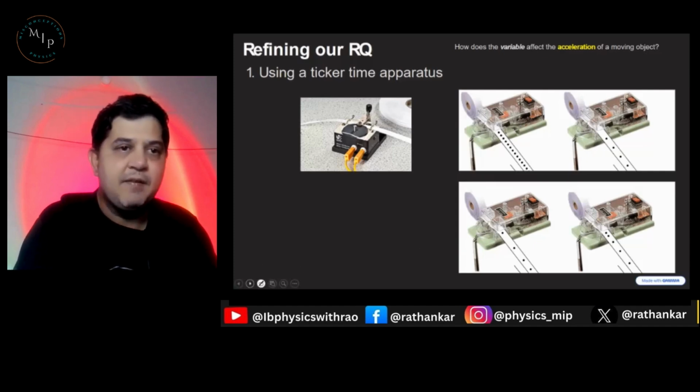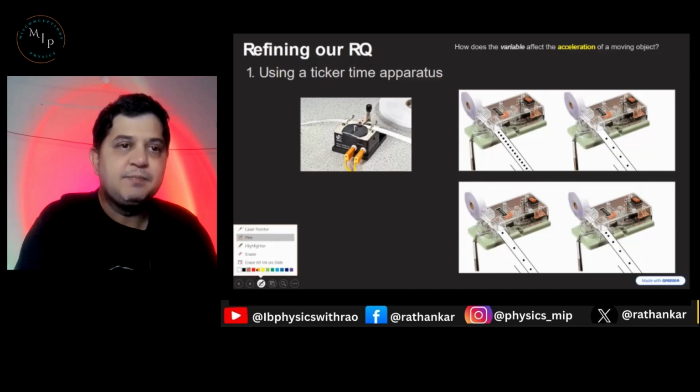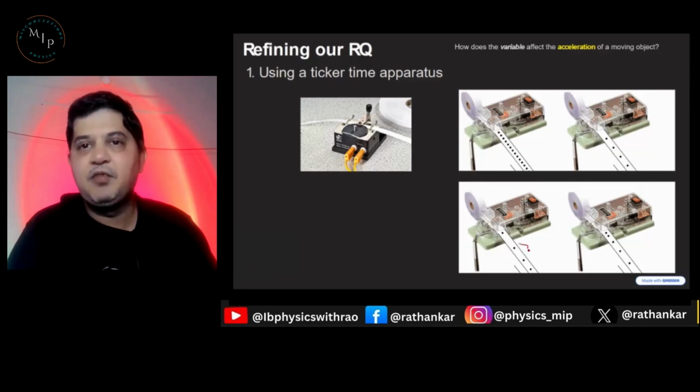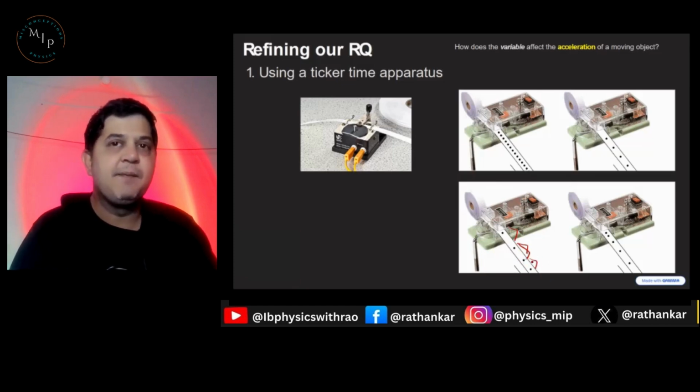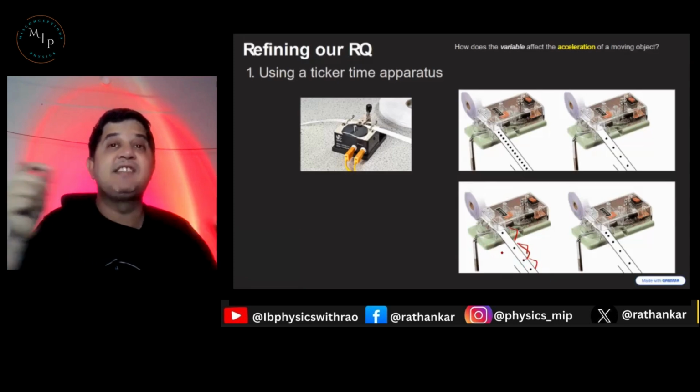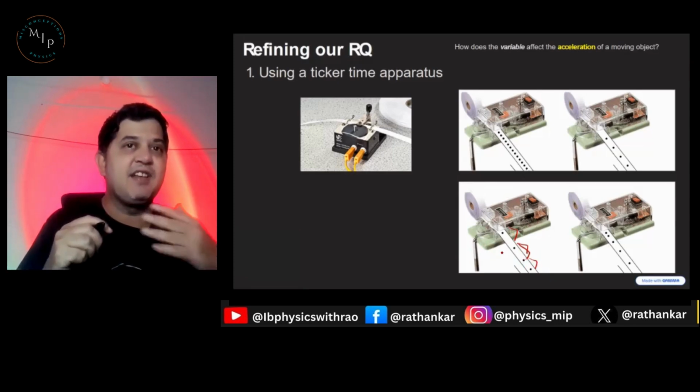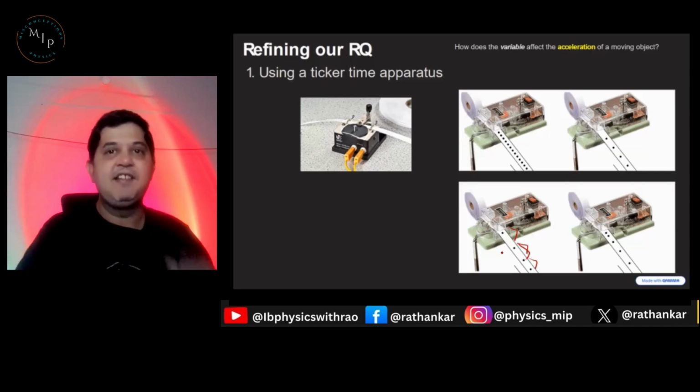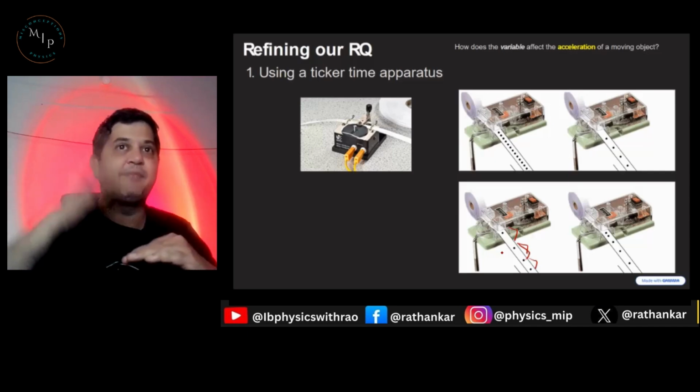Let me change my pen to indicate that. Right. So distance between 2 dots. See, this distance here is different from this distance, different from this distance over here, right? So as a result of this, what can you say here? As the distance increases, is it an acceleration or deceleration? Larger distance, same time interval, it taps at the same time interval.